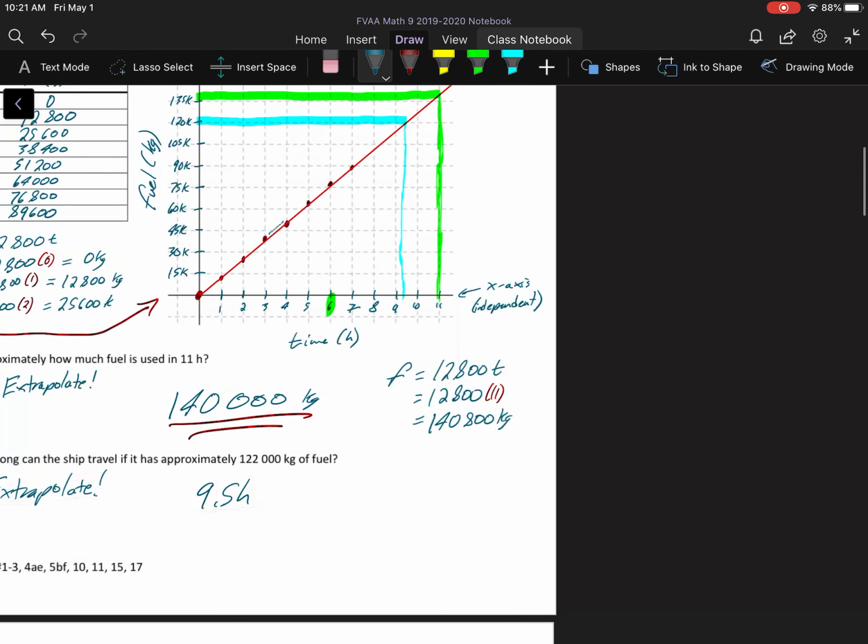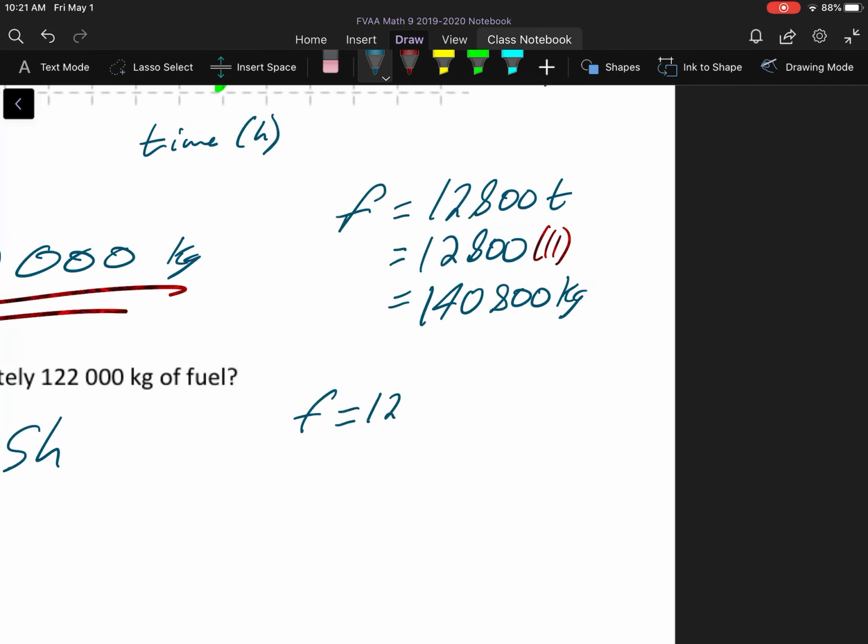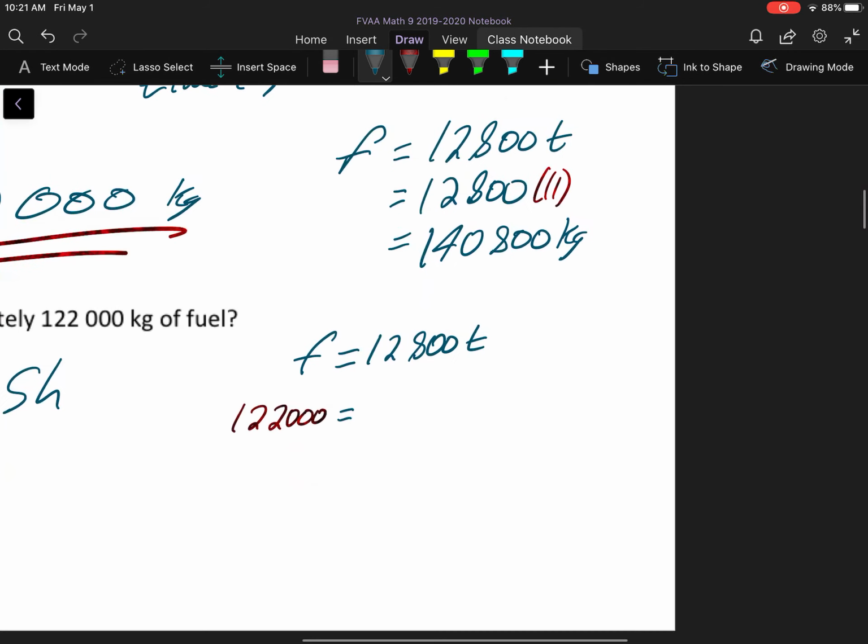Okay, now again, we can check with our equation F is equal to 12,800 times time. Here, they give me my F value, and they want me to solve for T. So I put 122,000 kilograms is equal to 12,800 T. In order to solve for T, I need to divide both sides by 12,800.